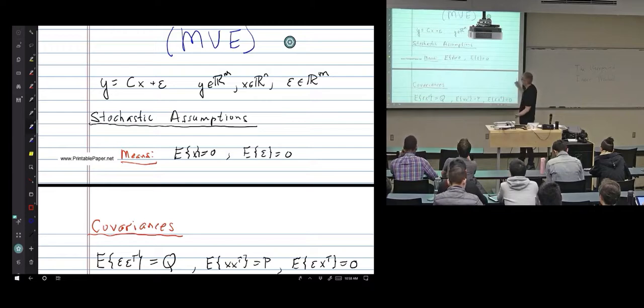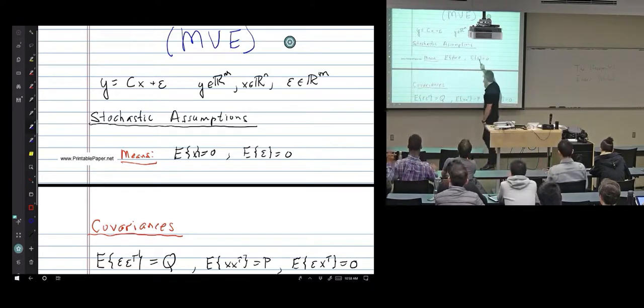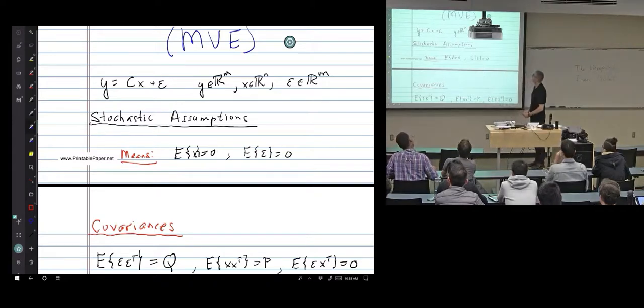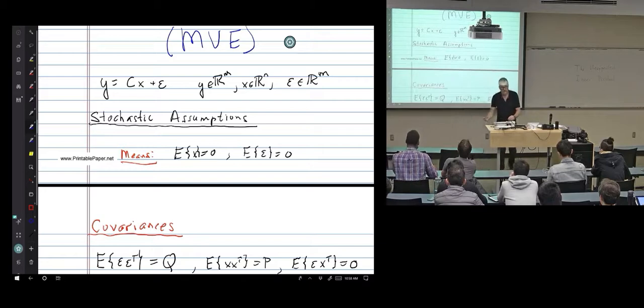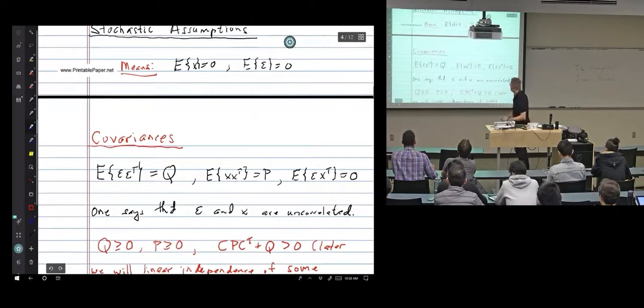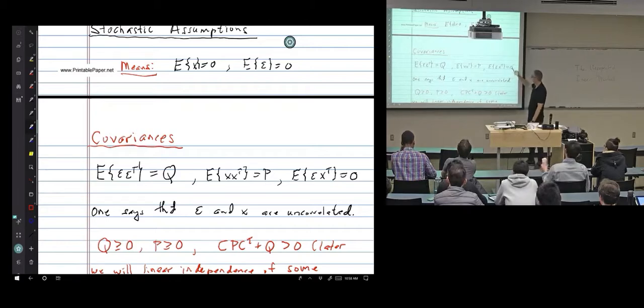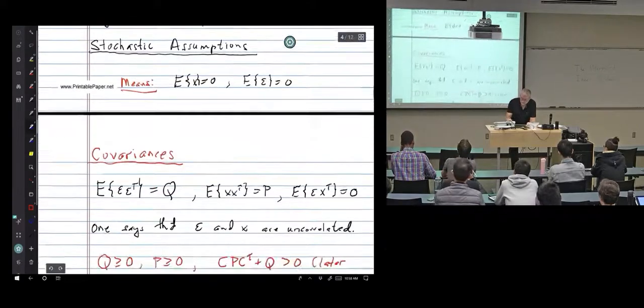Their variances are just the expected value of xi squared and the expected value of epsilon i squared. We know the expected value of epsilon i times xj is 0. They are uncorrelated.